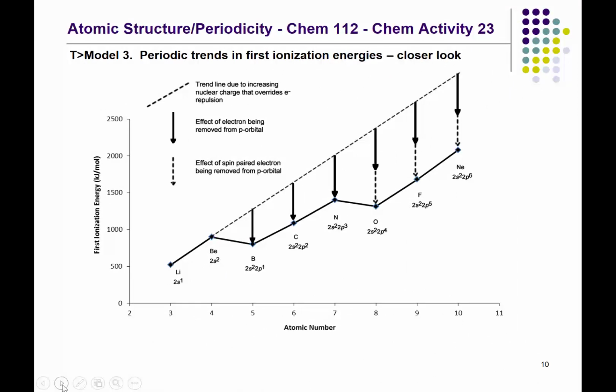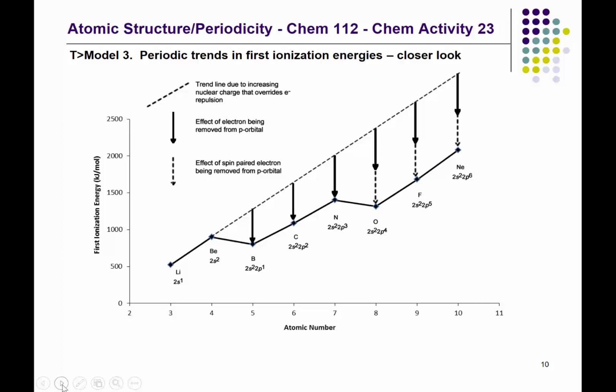So in teaching model number 3, we see the ionization energies for the second period going from lithium to neon. In going from lithium to beryllium, we see that there is a general increase in ionization energy, as you would expect if the nuclear charge is increasing. And of course, that's overriding the electronic repulsion.